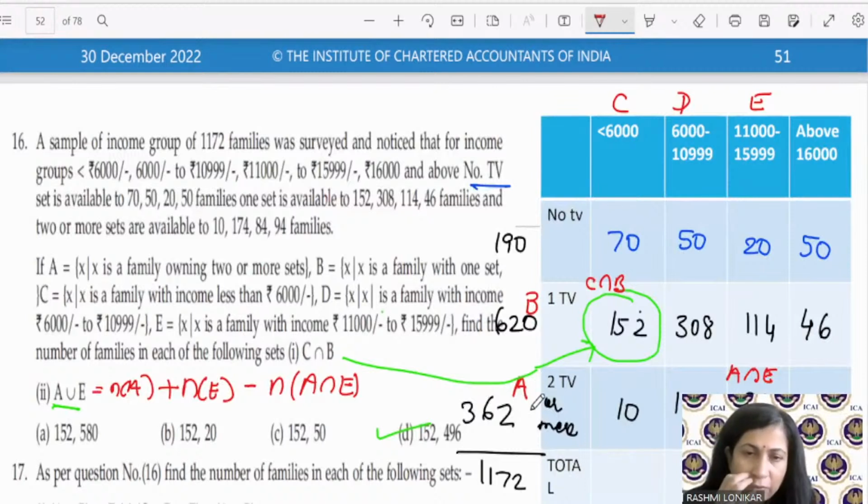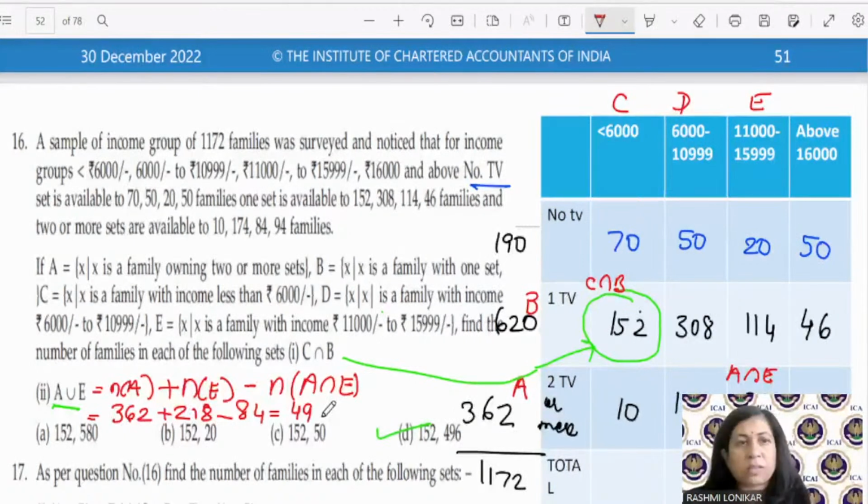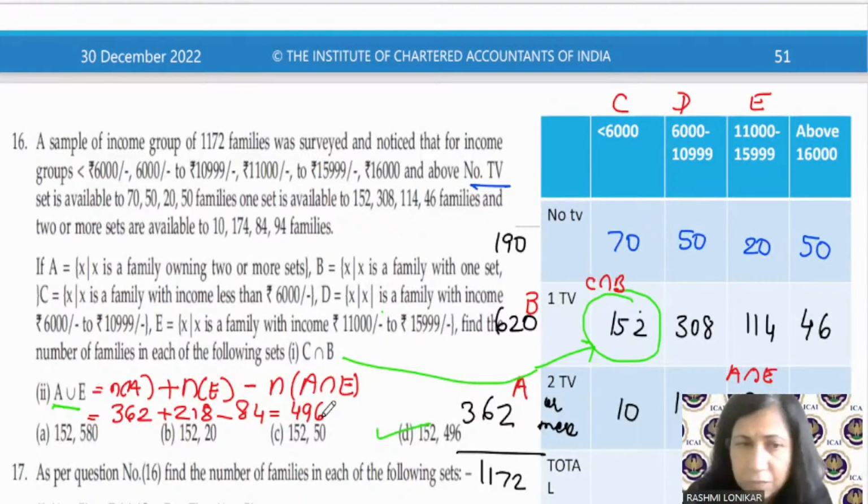How many families are there with 2 or more TVs? 362, which is given to us. N of E is 218, from 20, 114, 84. How many have income between 11,000 and 15,999 and have 2 or more TV sets? 84. So 362 plus 218 minus 84 gives you 496. Is that clear to you? Yes? Okay.